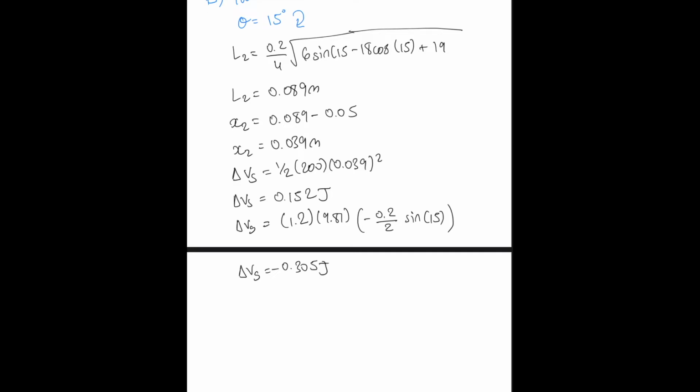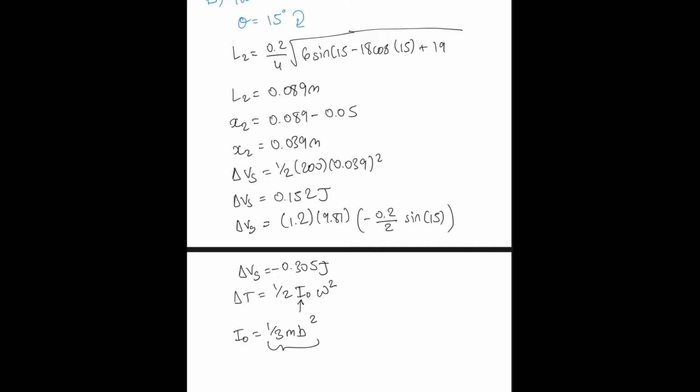For the kinetic energy, delta T is going to be equal to half I_O omega squared. Now, for I_O, the rotational inertia, it's going to be equal to 1/3 m L squared.